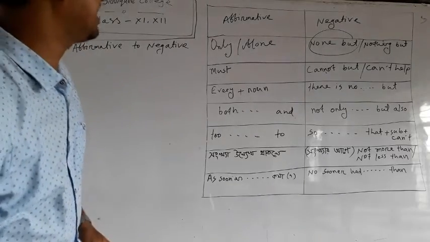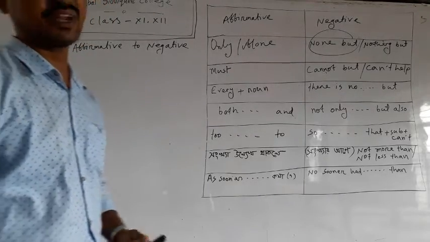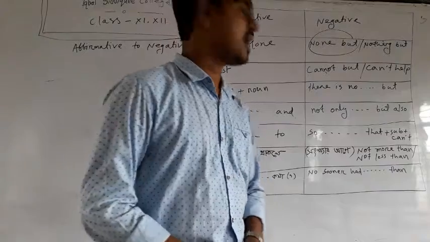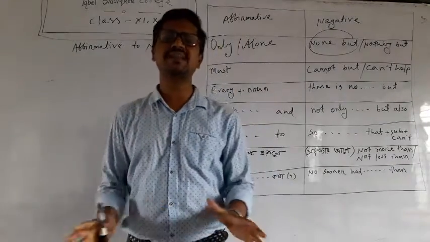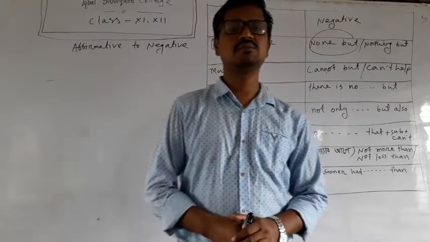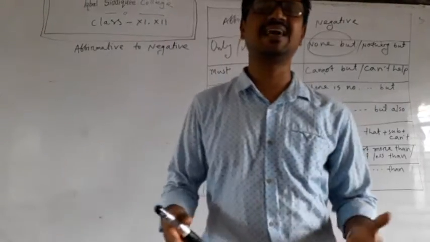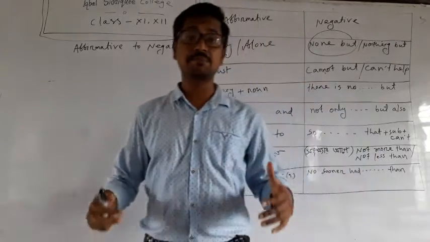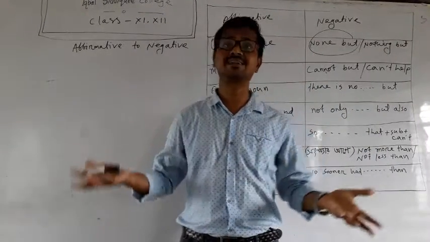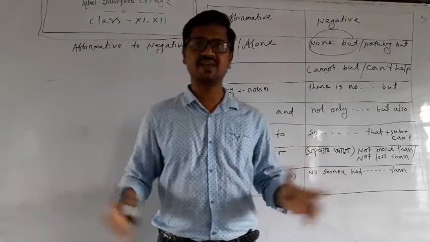In this chart there is another word. I would rather say it's not a word, it's a phrase, and it's every plus noun. You will find many things with every plus noun, like every mother, every child, every son, every teacher, every man, every fan, everything.